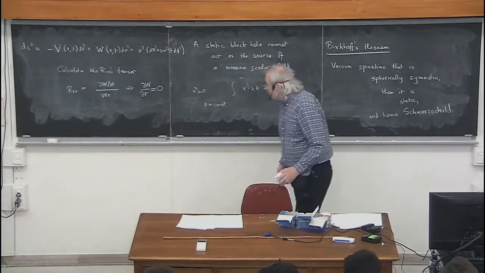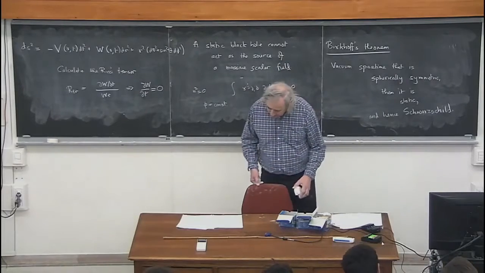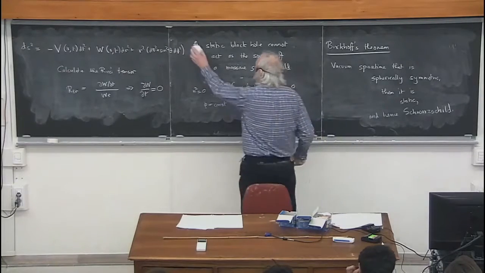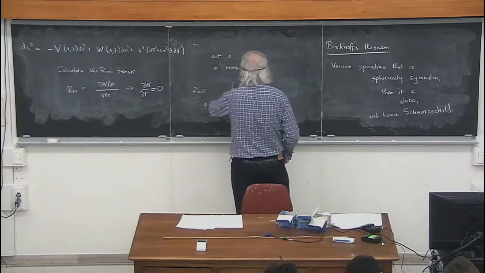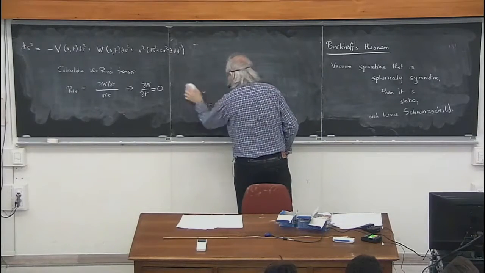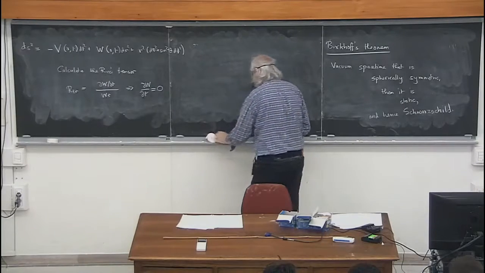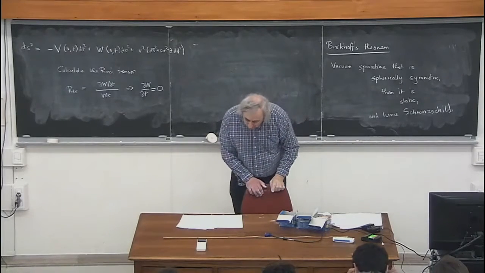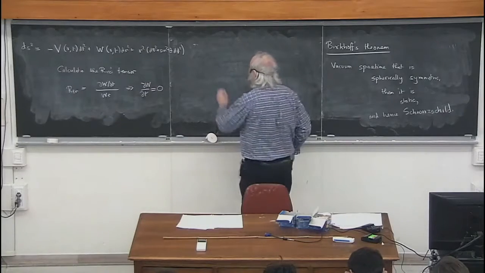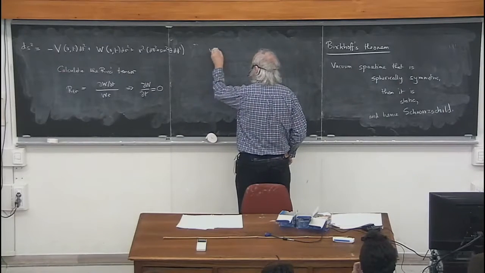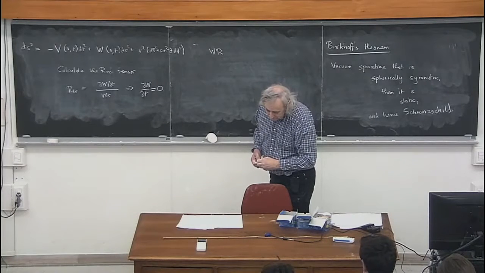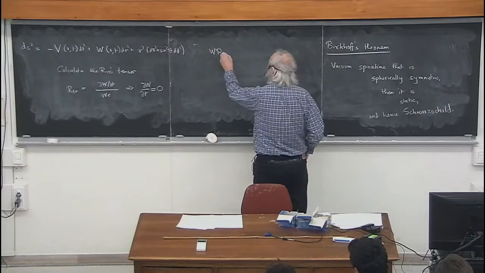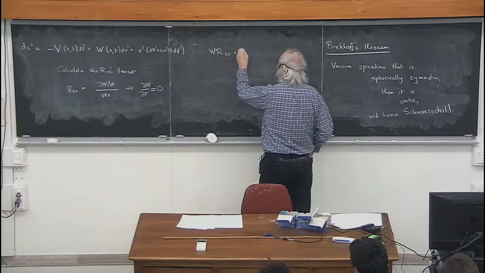The next thing to do is to calculate some other components of the Ricci tensor. So let me tell you what to calculate. The thing to do is to calculate W R_tt plus V R_rr.